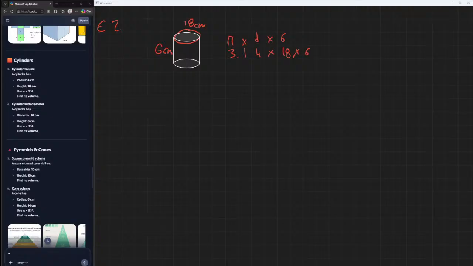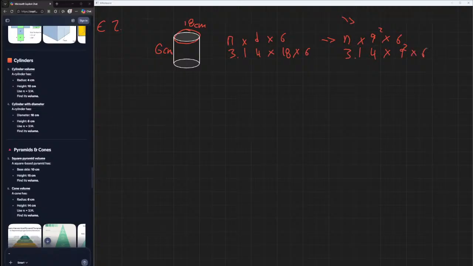Maybe rather than this, I do pi times the radius, which is half of 18, so 9 squared, times 6. I feel like it's more like this one. We do the volume anyway, so I'm going to try this method and see.